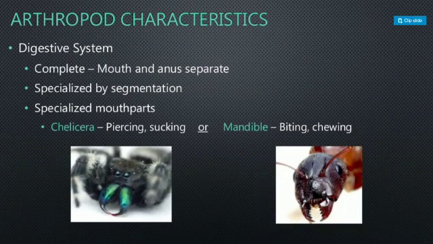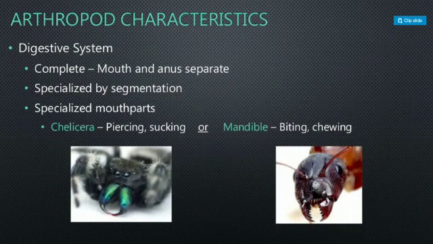Students, look at the digestive system of the arthropods, which is of the complete type because their alimentary canal has both mouth and anus. They are specialized by segmentation. That means their alimentary canal is also divided into segments due to the segmentation of the body.